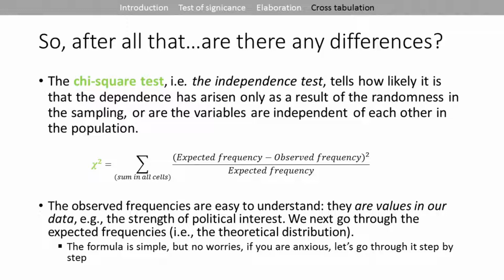So basically we sum over all cells the expected frequency subtracted from the observed frequency, squared, and divided by the expected frequency. The observed frequencies are quite easy to understand. They are the values in our dataset, for example, the strengths of the political interest.